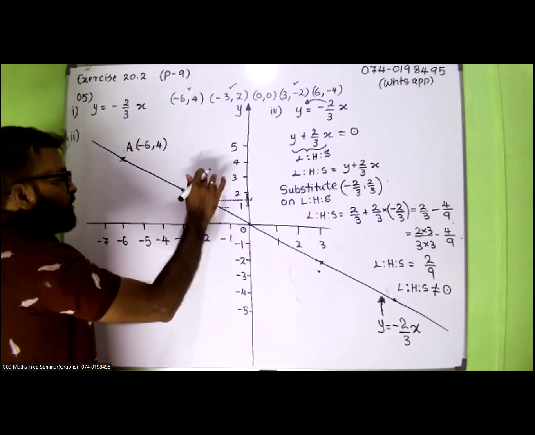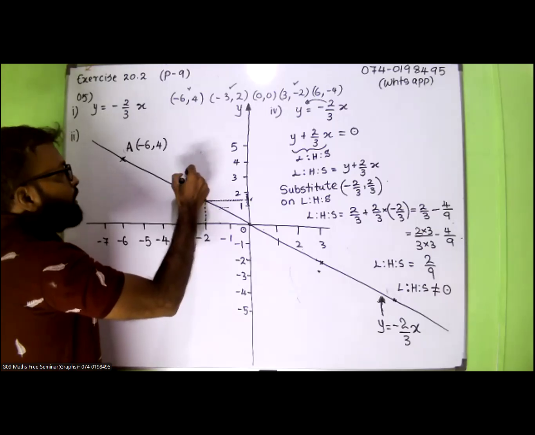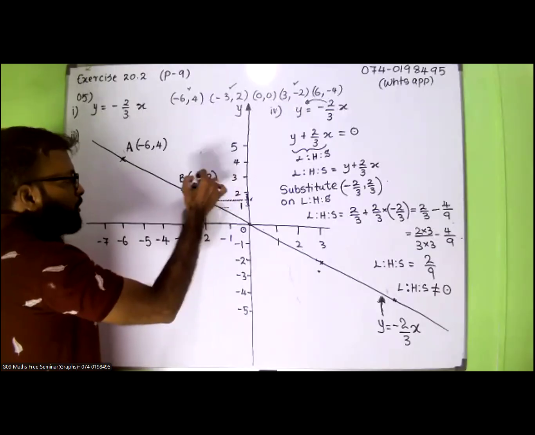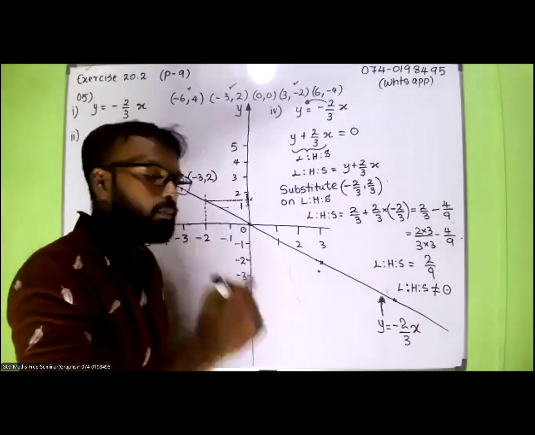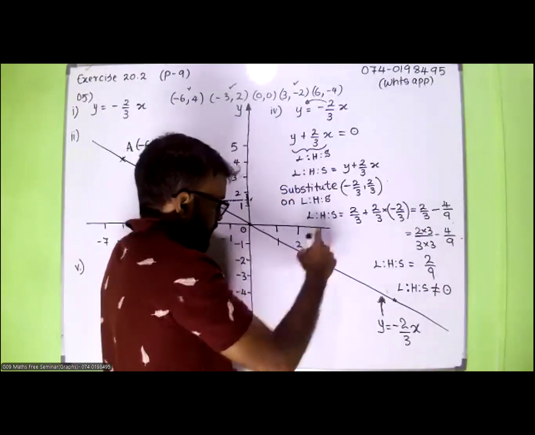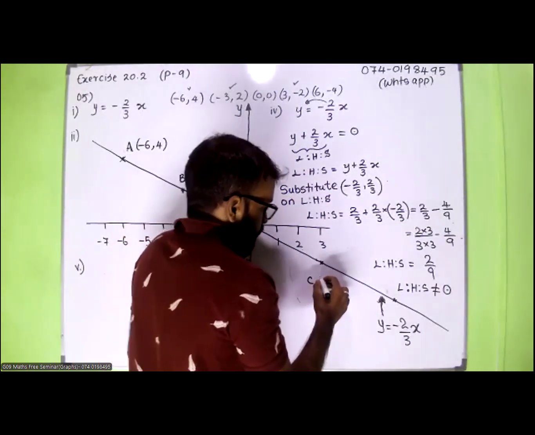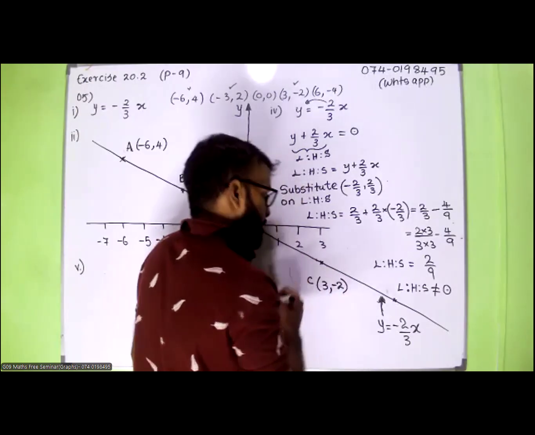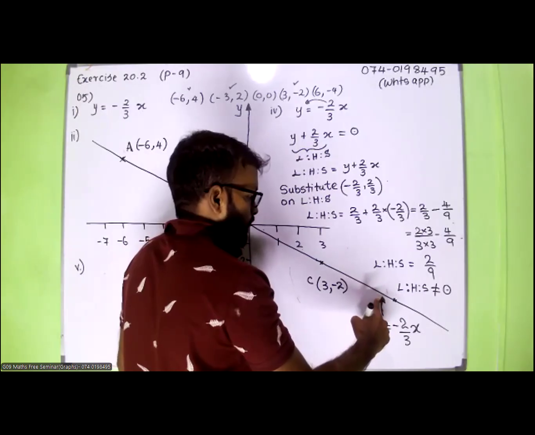And this point B, minus 3 comma 2, because they are saying to choose 3 points. So this point C, positive 3 comma minus 2, right?